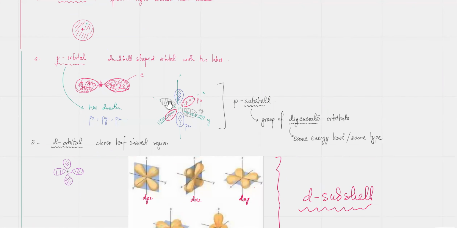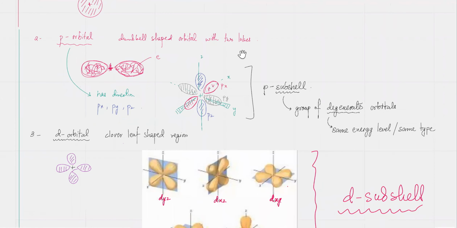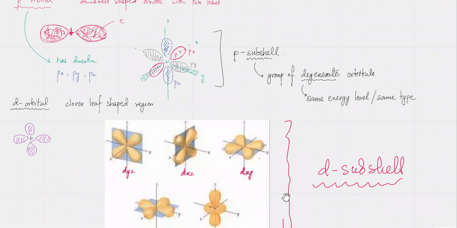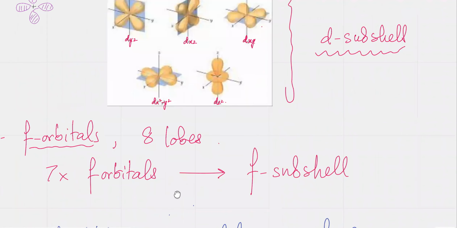This was one of your p orbitals, px, py, and pz. If you think of this as combined together, this is called a p subshell. If you group all the spaces together, that's called a p subshell. So it's a group of degenerate orbitals, or orbitals that have the exact same energy level.